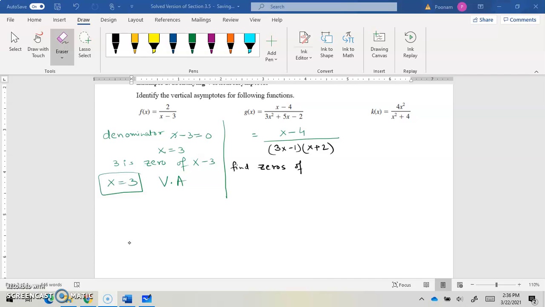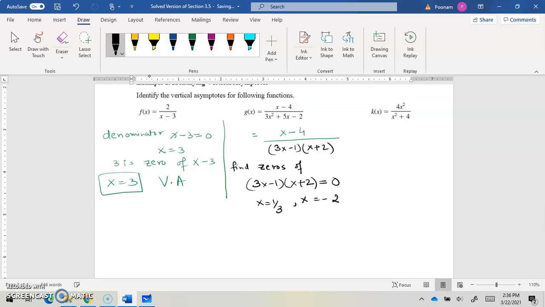To find the zeros, you have to set it equal to 0. x would be 1/3 or x would be negative 2. So there are two zeros, and if you write them as equations, x equals 1/3 and x equals negative 2. These two are your vertical asymptotes of the given graph.